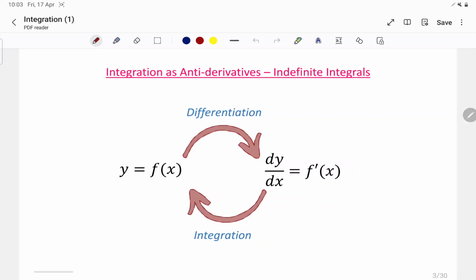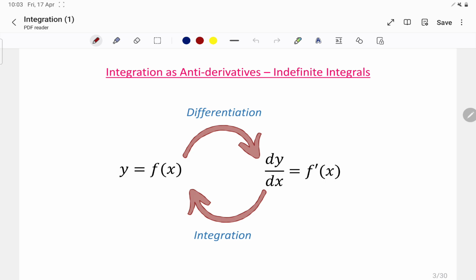Before this we learned differentiation, right? So what is actually integration? Integration is actually a reverse process of differentiation. When we differentiate, we get a function.